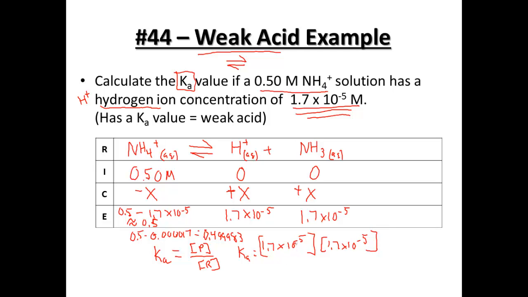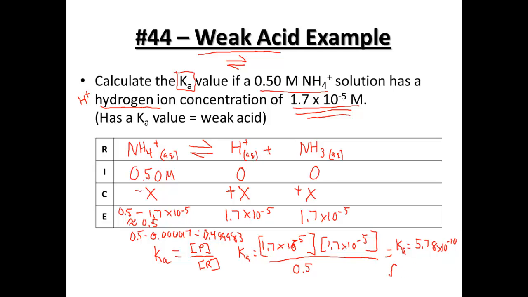I'm just showing it worked out. Divided by the concentration of the reactants, 0.5. You get a Ka value that's going to equal about 5.78 times 10 to the negative 10th.